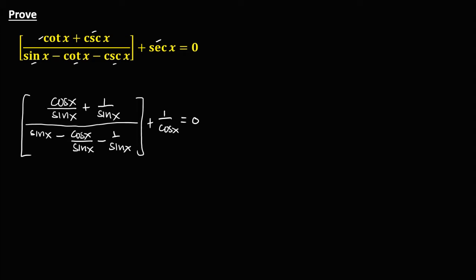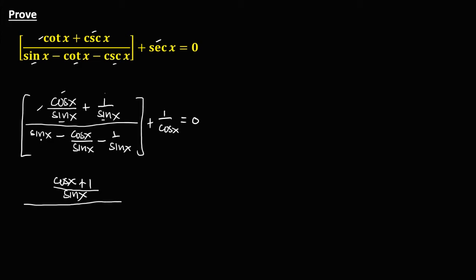Since all the functions now are sine and cosine, so we're going to perform the given operations. So for this equation, since the same denominator, so just copy. So we have sine x, then for the numerator, so just add cosine x plus 1. So this one is cosine x plus 1.